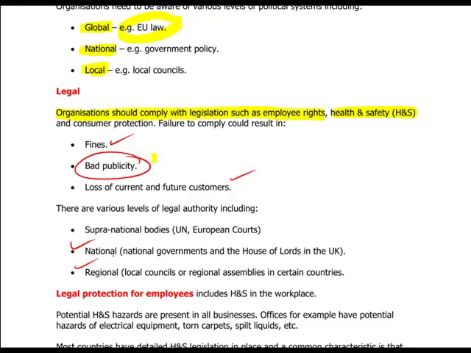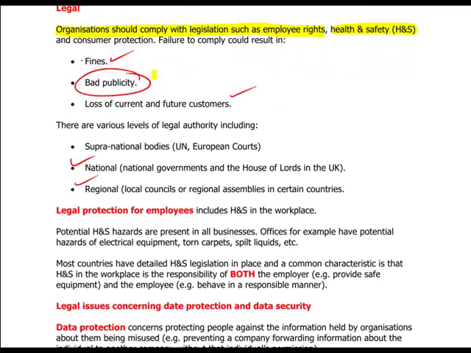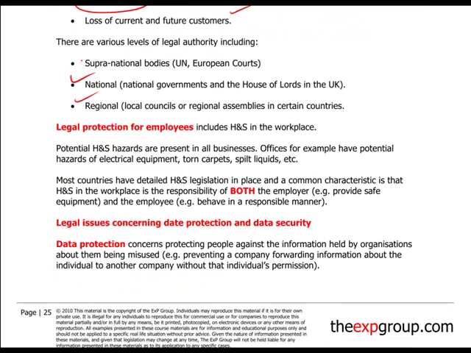Included within legal, towards the bottom of page 25, we have various legal protection areas for people that are working for companies. This is the concept of health and safety in the workplace. Lots of people will think there are only really health and safety issues in more dangerous areas such as mining or working in factories.